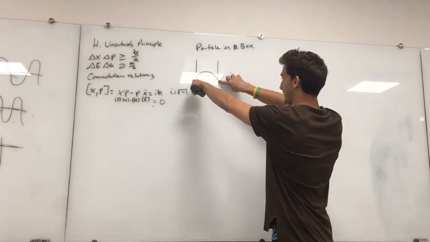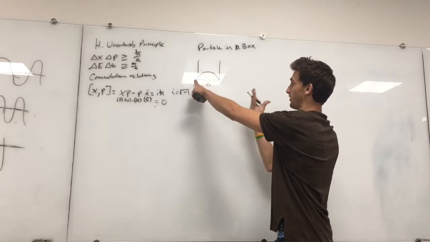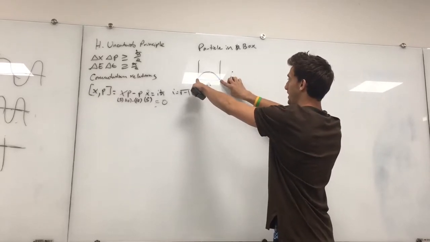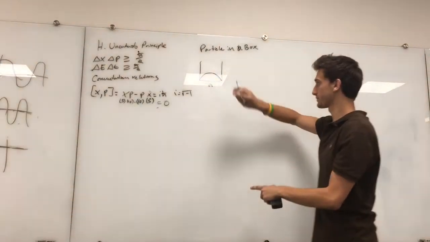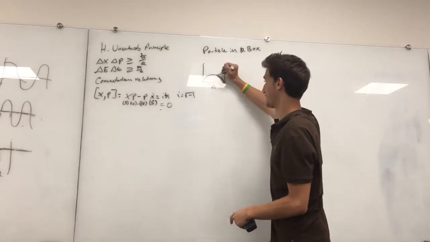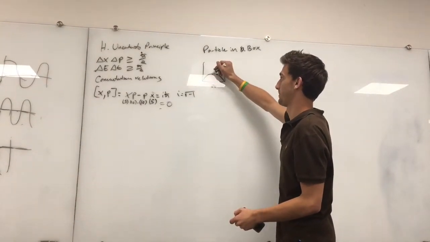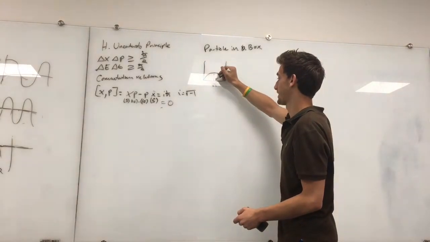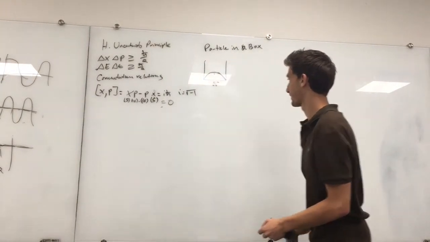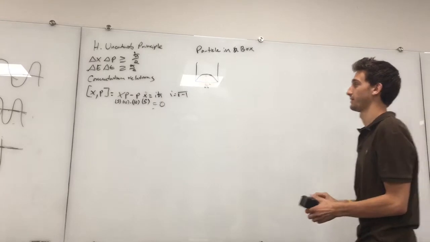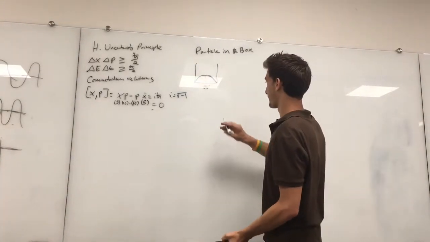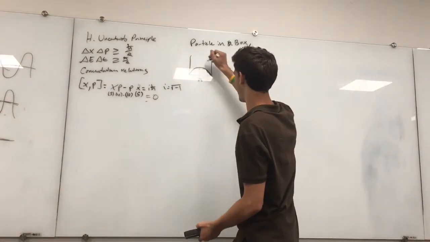A big thing about this model of a quantum particle is that the endpoints must be fixed at 0. And this represents a probability wave. So the probability that, let's say, an electron will be found in that box, we'll have max probability over here. Let's say this is energy 1.